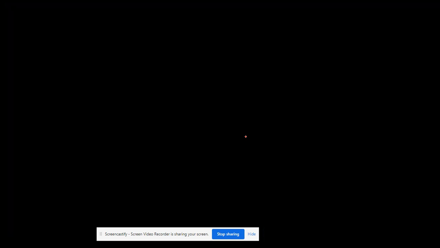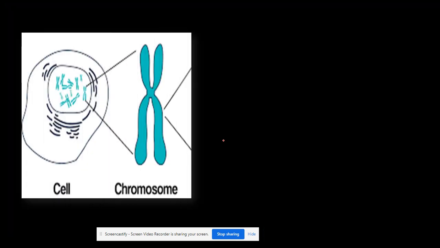To clarify this idea, I want you to have a look at this picture. Just to remind you that we checked this experiment before, and we proved that inside our cells we have the chromosomes, right? You guys remember? We have chromosomes inside the cells, but what actually is this chromosome made up of?